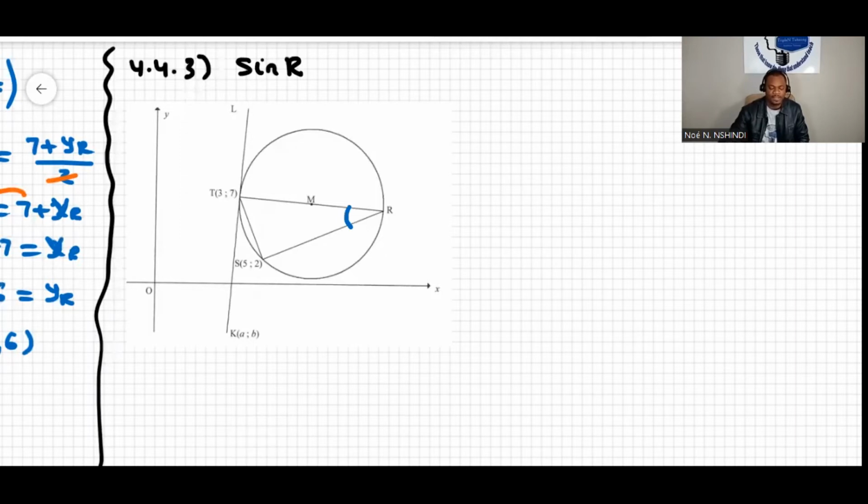What we know, by definition, is that sine of the angle is equal to the opposite side over the hypotenuse. Opposite is y, over r, so that's opposite over hypotenuse.